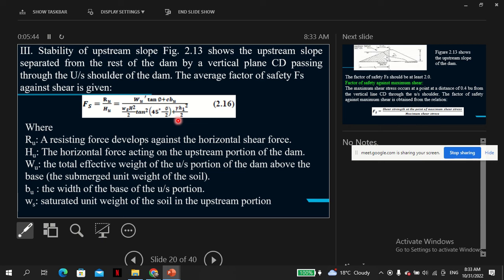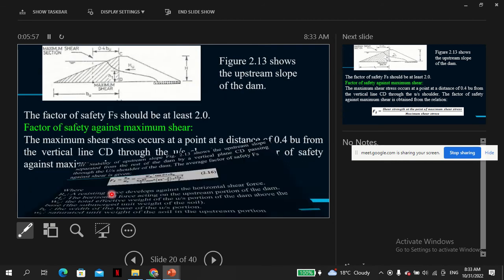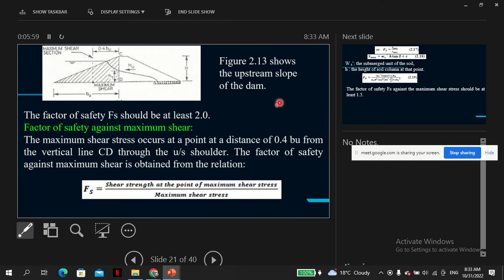W is the effective weight of the upstream portion of the dam. BU is the width of the base of the upstream portion. W is the saturated unit weight, WS. So again, the factor of safety should at least be 2.